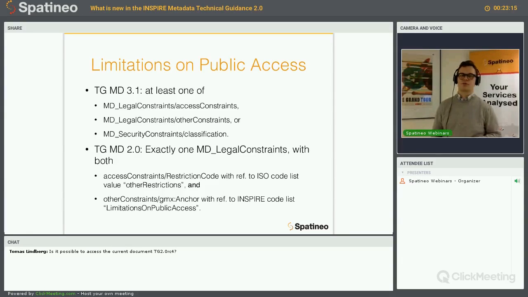So in the previous version, there were 3 options for providing this, that you have to have at least one of the legal constraints, access constraints elements, or it can be other constraints element within that legal constraints element, or the third option, use the security constraints classification.